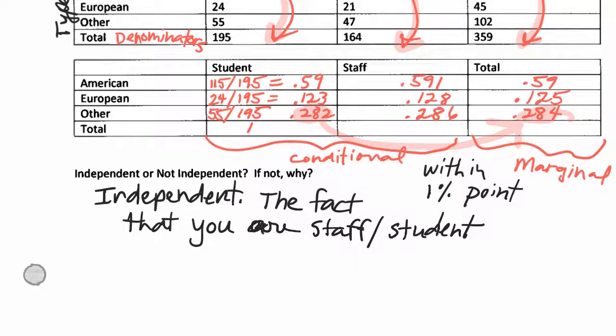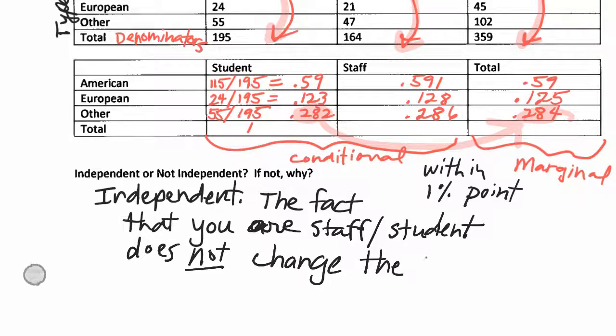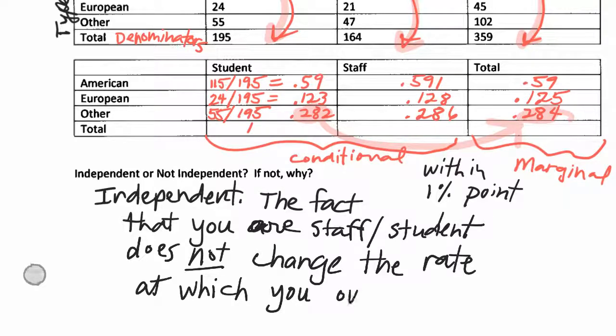That's R. Does not change the rate at which you own a type of car. All right, so that's how you would write up a phrase for independence.